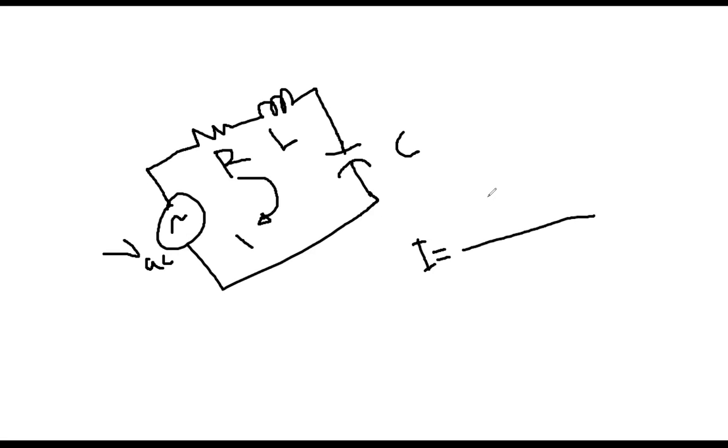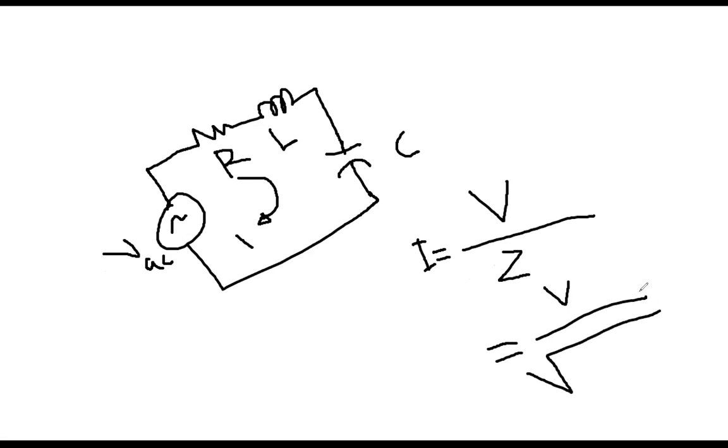Current is the voltage V over Z, the impedance. So this means V over, what is the Z?